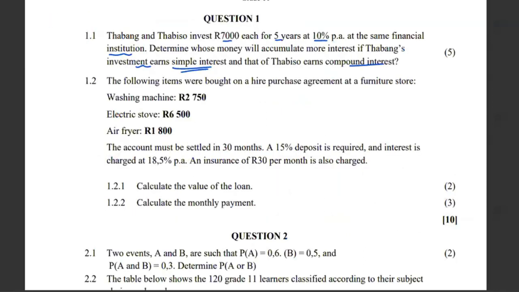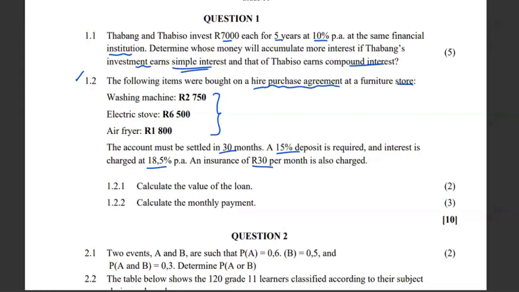All right, then 1.2. The following items were bought on a hire purchase agreement at a furniture store. The account must be settled in 30 months, a 15% deposit is required, and interest will be charged at 18.5%. You have to pay insurance of 30 rand per month. Calculate the value of the loan.